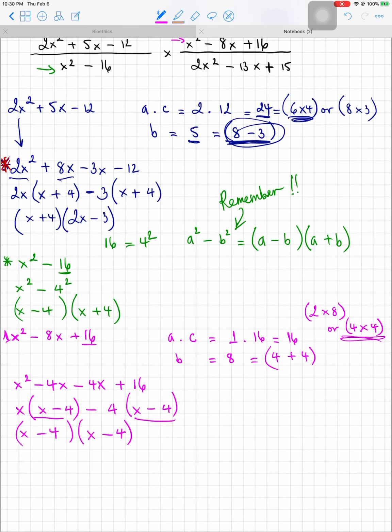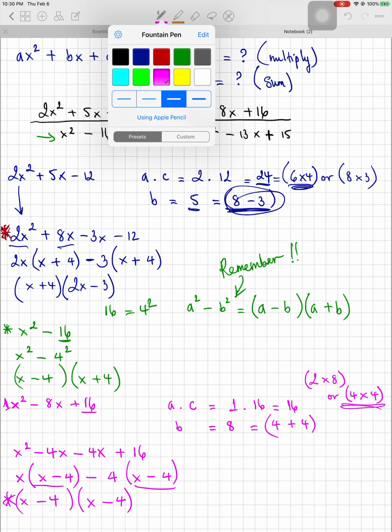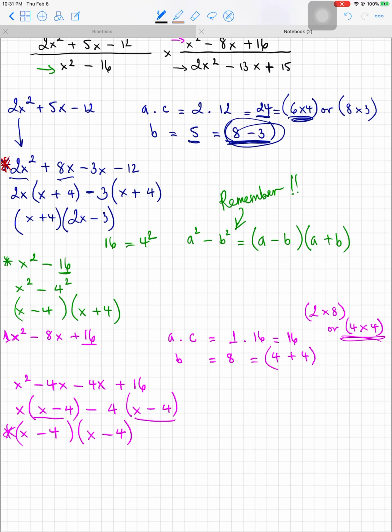Alright, so here we have the top one right here. And now we're moving on to the last problem, this one right here. So we have 2x squared minus 13x plus 15. One more time, a multiplied by c and b.